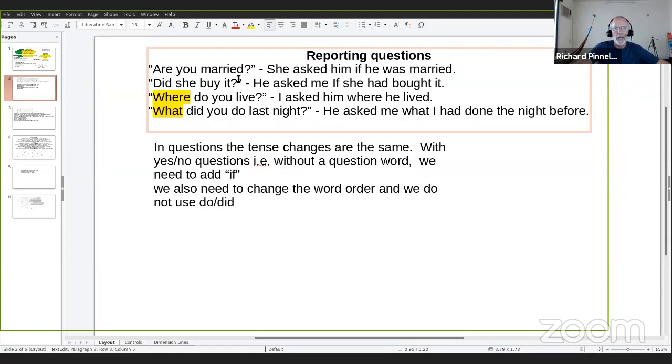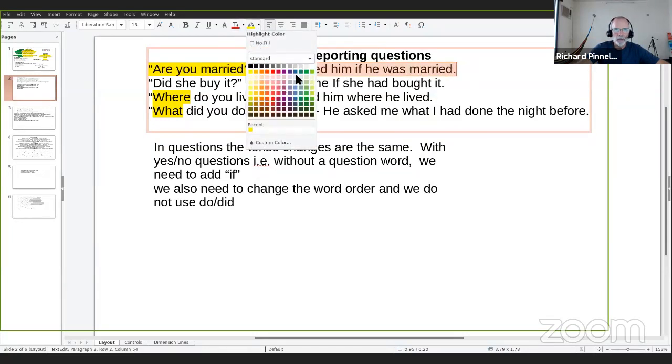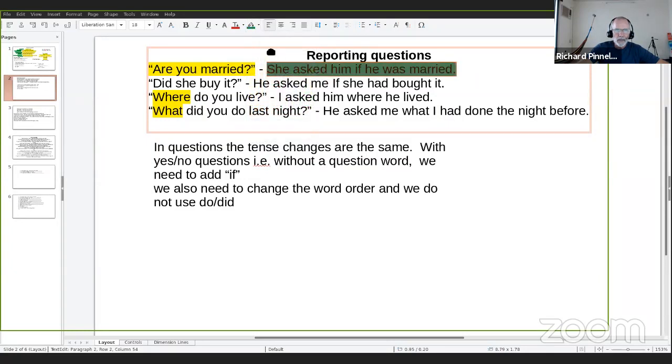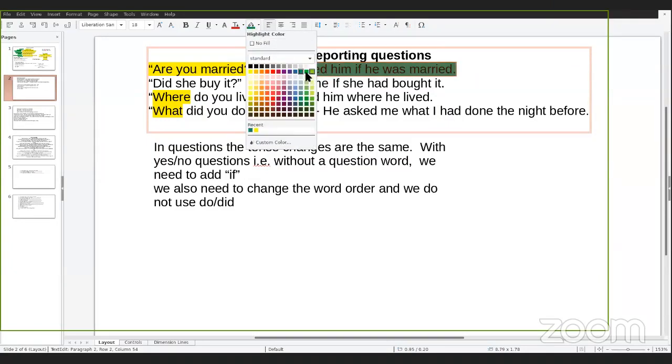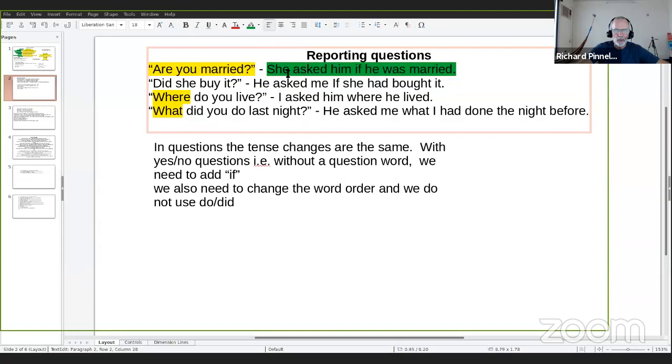So the first one is a yes or no question. Are you married? This is the direct speech again. And the reported speech is, she asked him if he was married. So what we need to do there is, first of all, like previously, use a reporting verb.